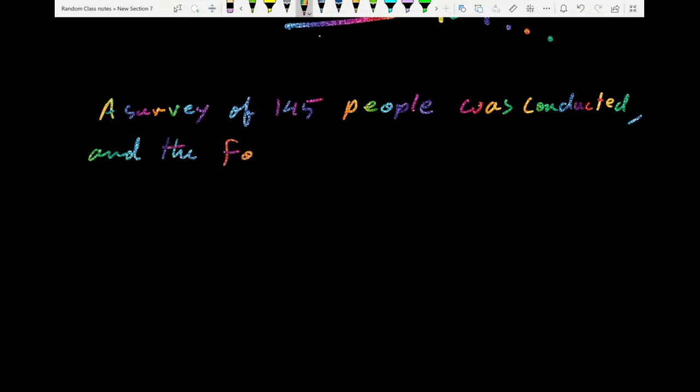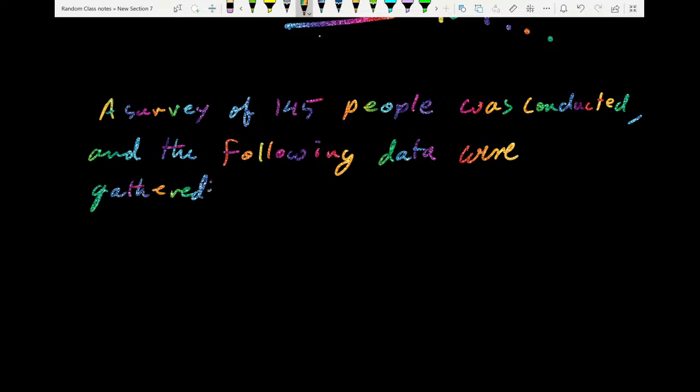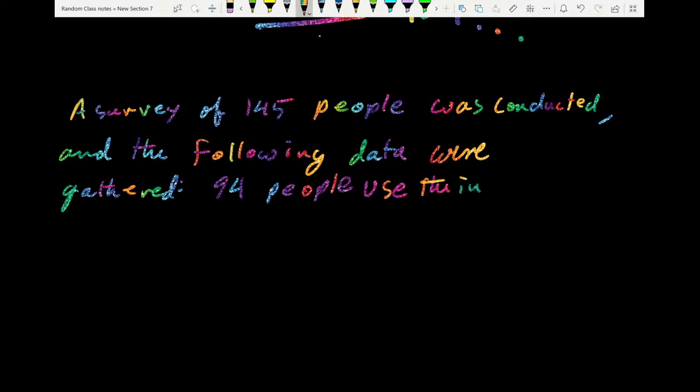And the following data were gathered. 94 people used the internet for news. 85 people use TV for news.